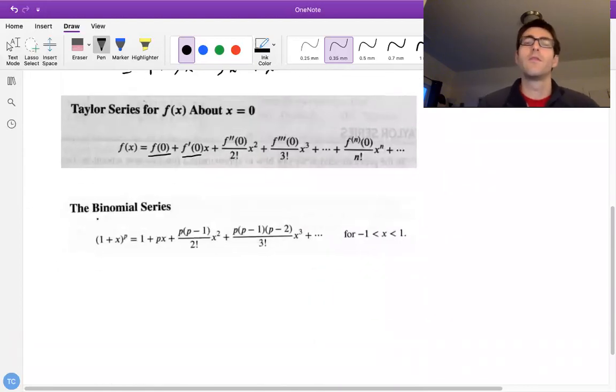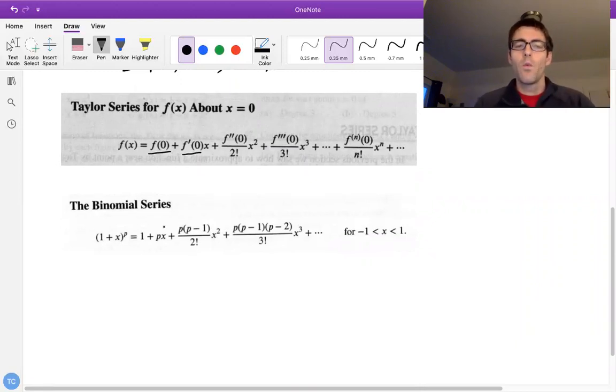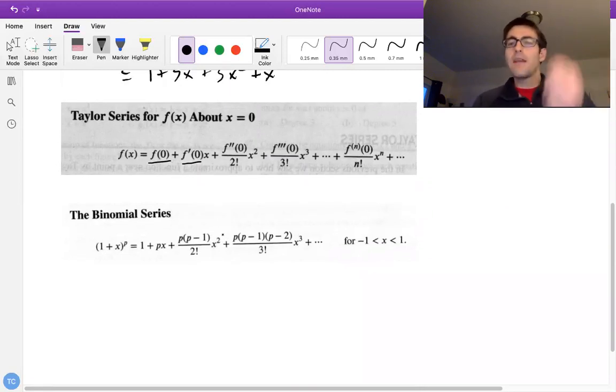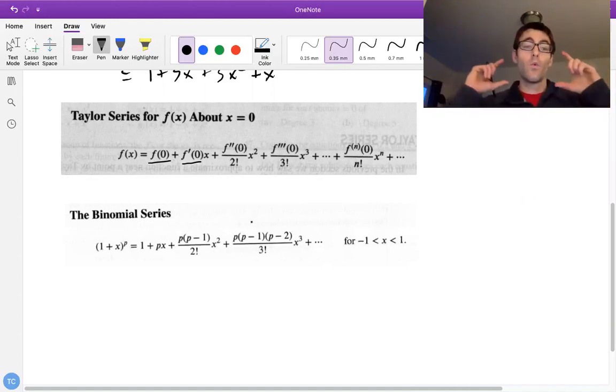They go through the same derivation, but with a p instead. What I wanted to point out, or the reason we care about this, is not for p values that are positive integers. If we plugged in a 4 here and did all those calculations, we would get the same thing as if we just took 1 plus x to the 4th and multiplied that out.